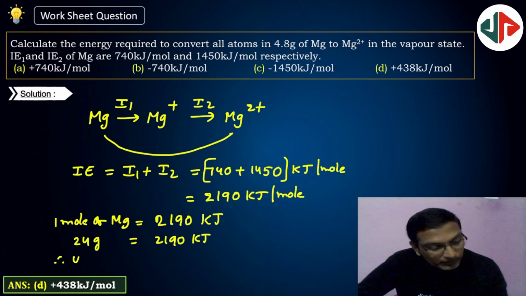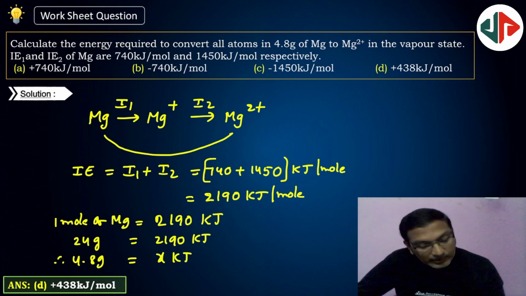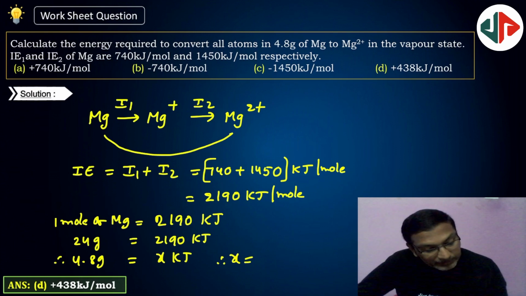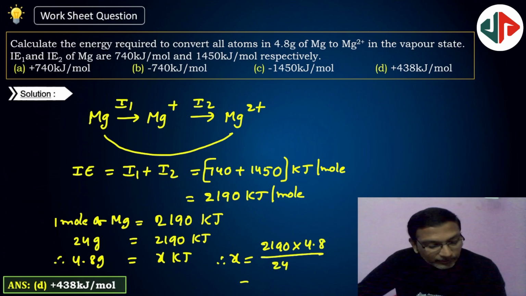Therefore 4.8 grams will be equal to how much? Say this is x kilojoules. So from this, x value will be equal to 2190 into 4.8 by 24, which is equal to 438 kilojoules.